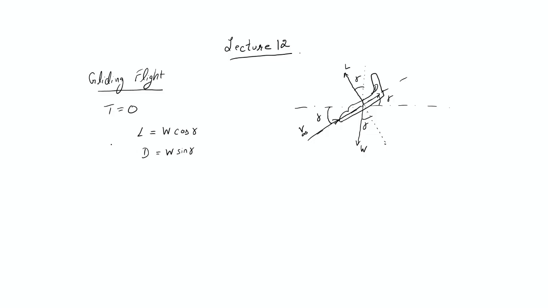Now, if I divide these equations, we get L by D equals 1 upon tan gamma. So I can write tan gamma equals 1 upon L by D, or 1 upon CL by CD. Hence the glide angle is strictly a function of aerodynamic efficiency, that is, L by D.